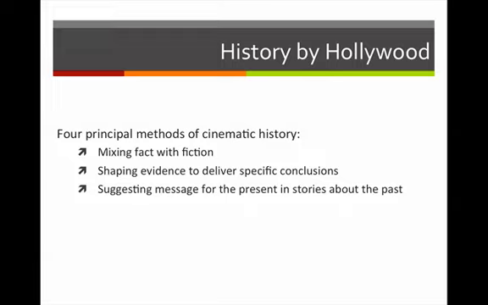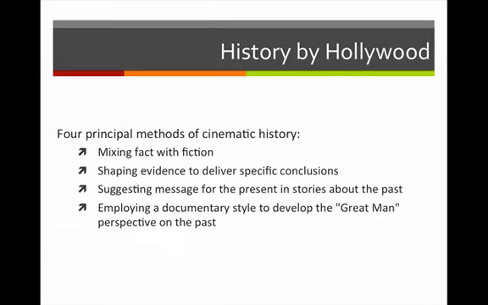Three, they often suggest a message for the present in stories about the past. This is where they're trying to do it as a warning tale. They use history as sort of a warning tale or as an allegory for some issue in the present. And four, they sometimes employ a documentary style to develop a great man perspective on the past.